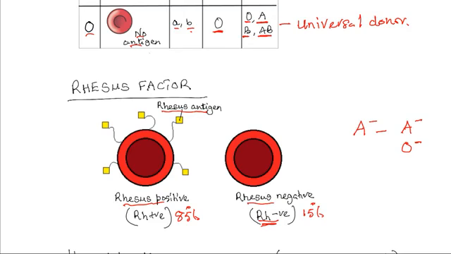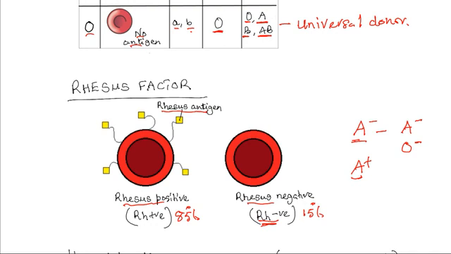Because if you transfuse this recipient with A positive blood, then the Rhesus factor on the red blood cells will cause the formation of antibodies against the Rhesus factor, and that may lead in future to agglutination.